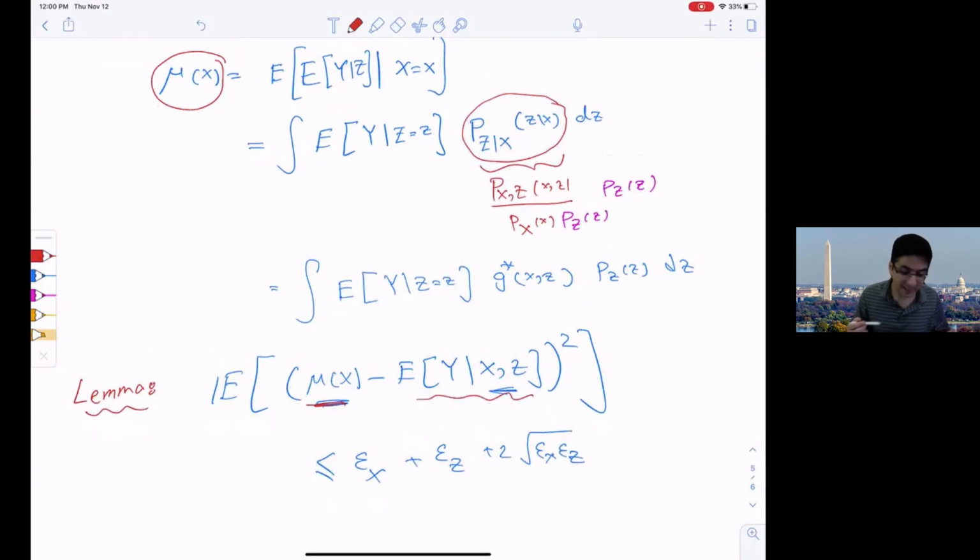So now the idea is, can I use my embeddings? I'm going to define some embeddings in order to get a predictor close to mu of x. If I get that, then I'm done, right? Because I know mu of x is close to the best predictor of y using both x and z. So that's basically the game that we are going to play.